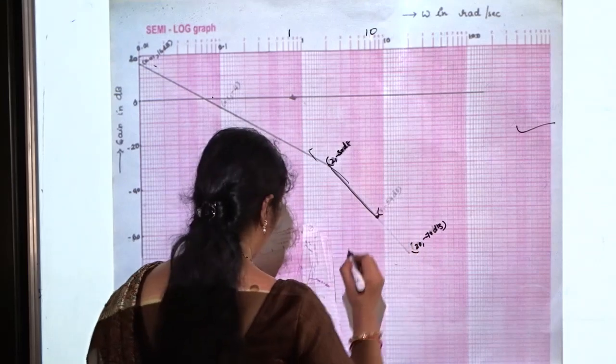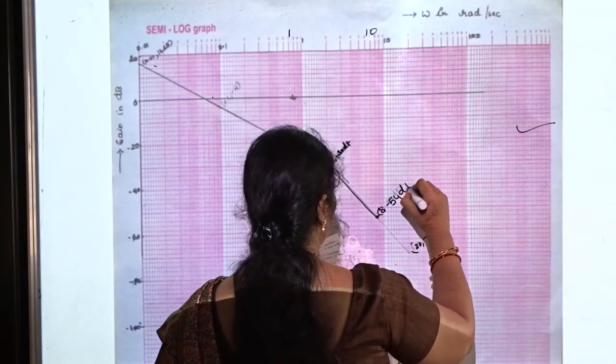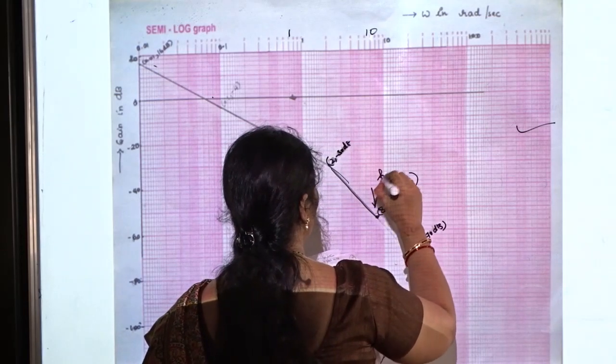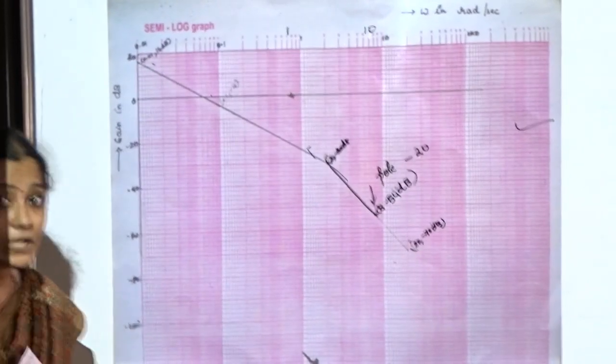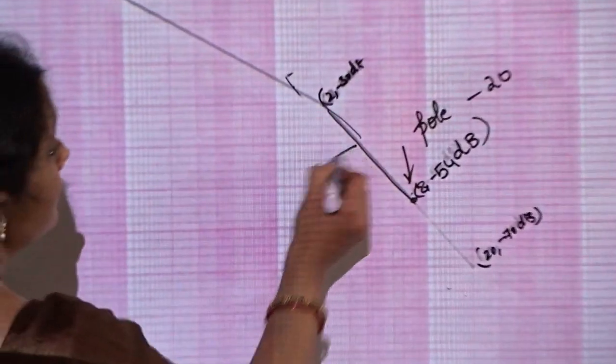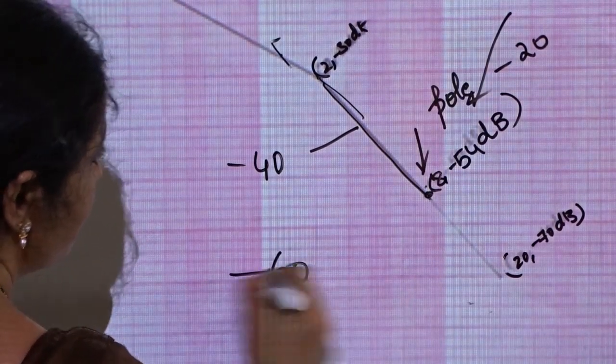At 8, what is the coordinate you have? You have 8 comma minus 54 dB. At 8, what is being added? You are adding a pole which gives another slope of minus 20. The previous slope was minus 40, you are adding minus 20, so the total slope becomes minus 60.